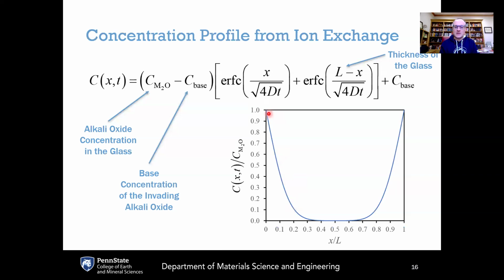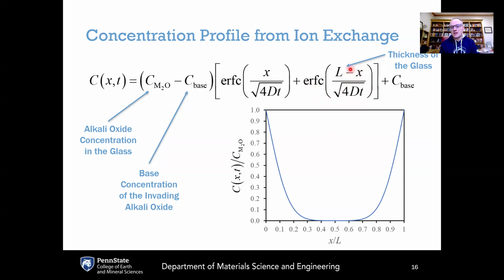And the assumption here is that this is a semi-infinite medium, so that this is going to decay basically, in this case, by the time we get to the halfway point or the midpoint of the glass. And since we have two surfaces of the glass, we've got another complementary error function term here, which is acting in the opposite direction.